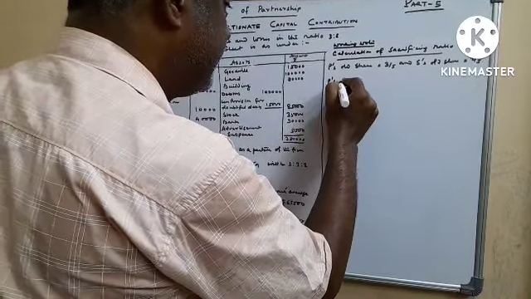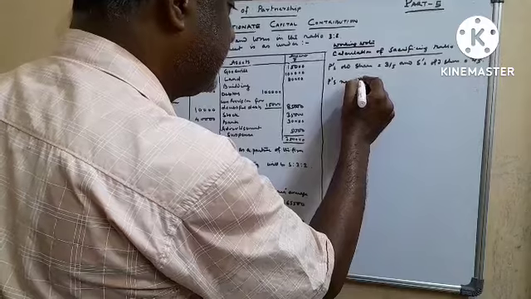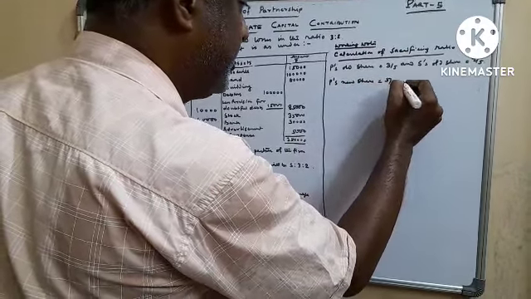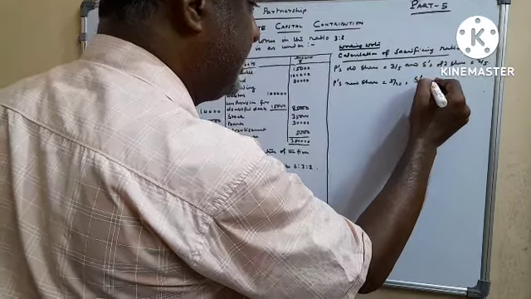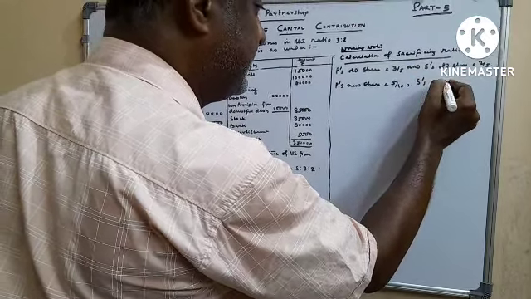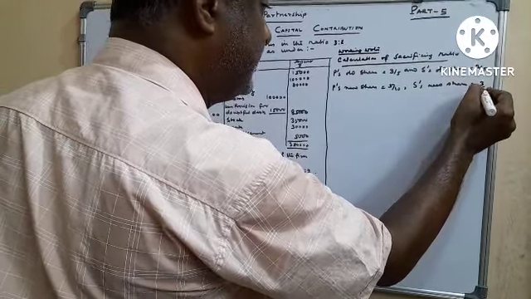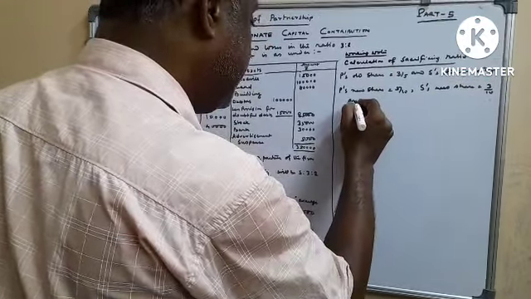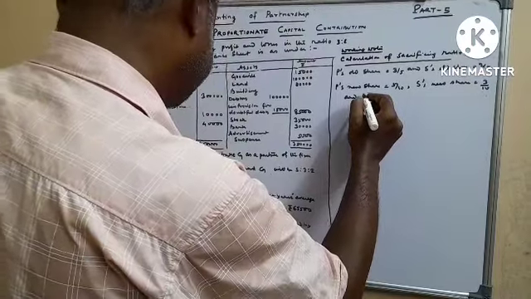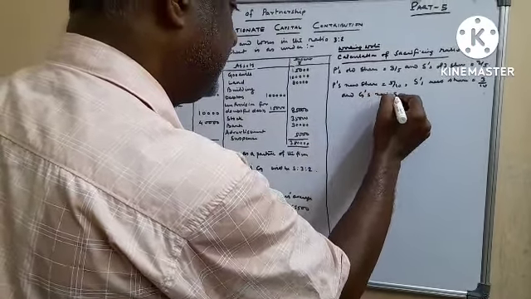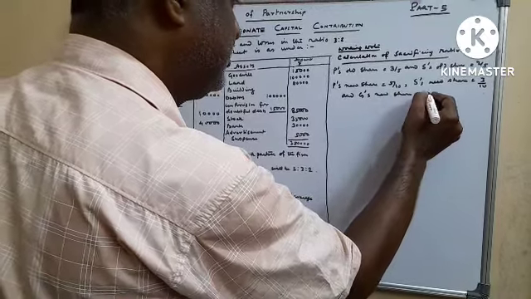P's new share equals 5/10, S's new share equals 3/10, and the new partner G's new share equals 2/10.